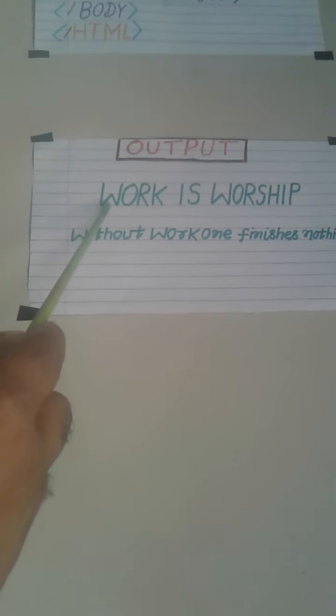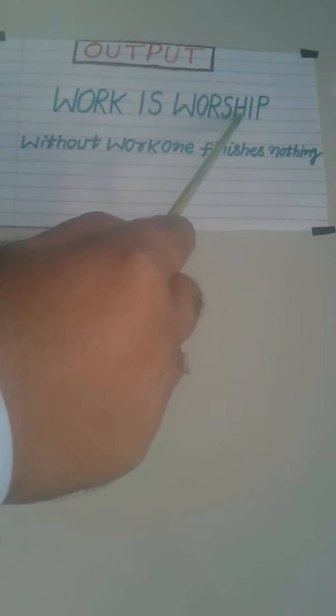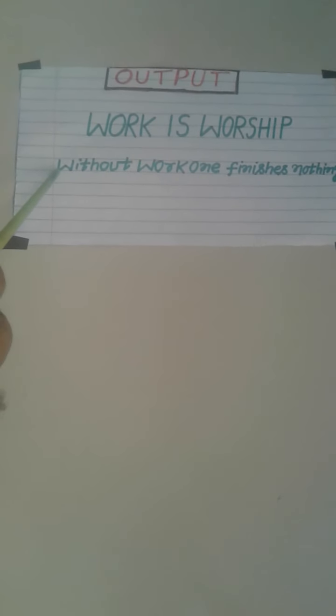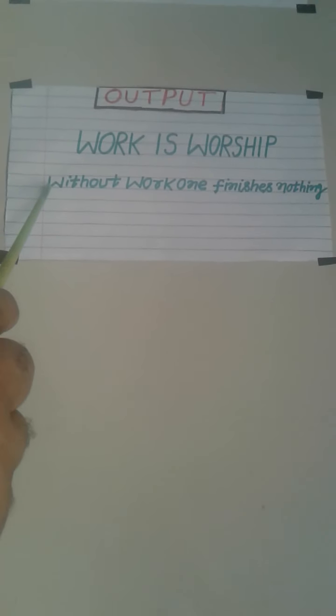See, what is the output? Work is worship. But where? It is aligned center. And the text without work one finishes nothing is aligned left, because heading is by default left aligned.